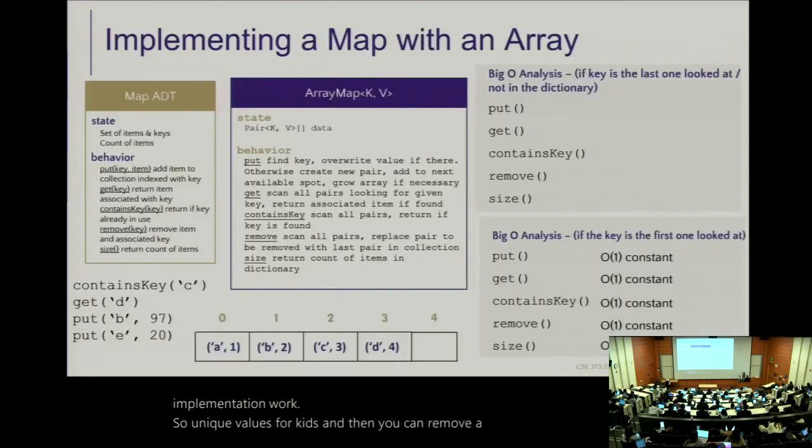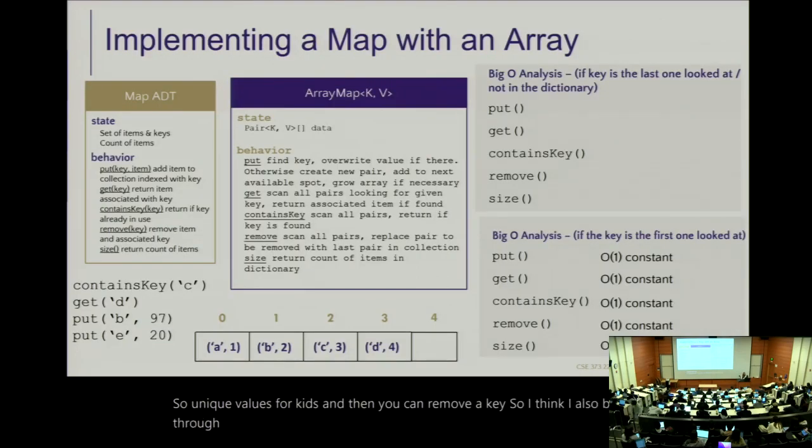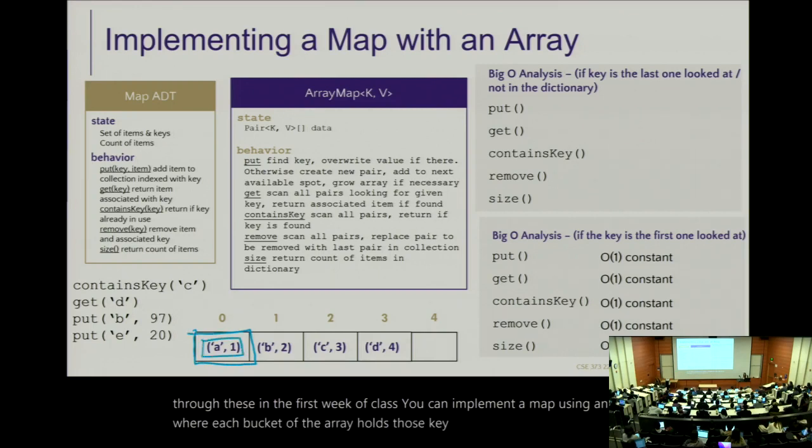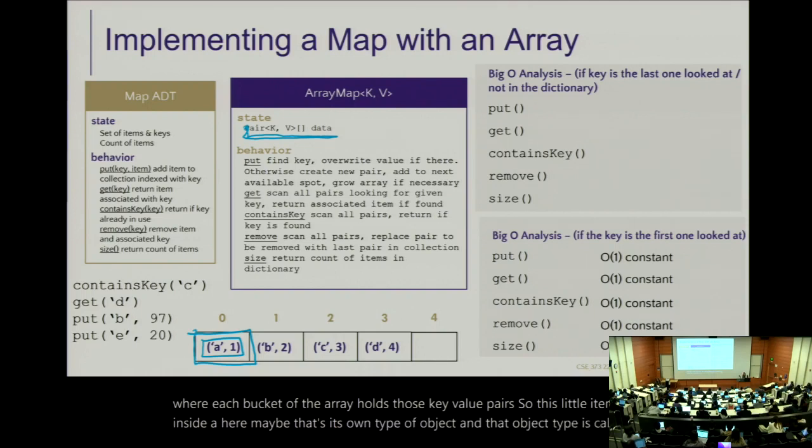So I think I also blew through these in the first week of class. You can implement a map using an array where each bucket of the array holds those key value pairs. So this little item inside of here, maybe that's its own type of object, and that object type is called a pair.